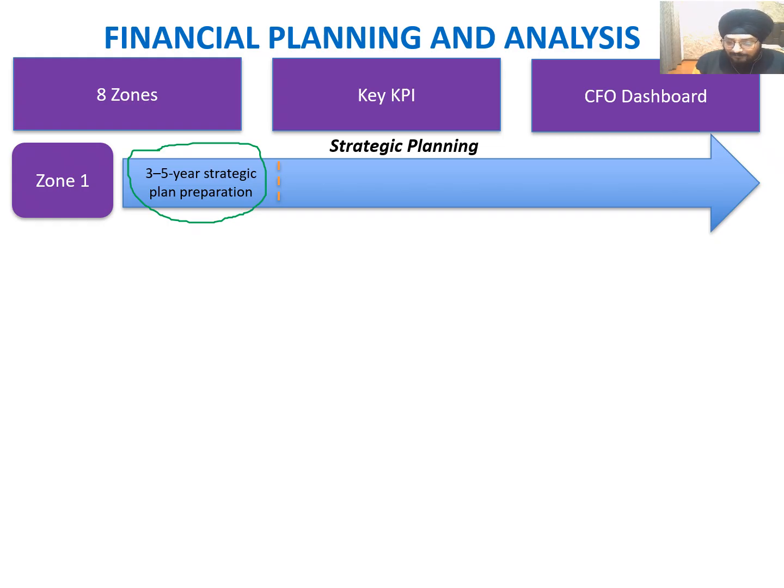So that strategic plan is created to give a vision for the organization: what would be the areas in which they have to diversify, what would be the areas where they have to grow, what are the products they want to diversify, in what segment, in what sector they want to go. So the entire vision of the organization is embedded in this strategic plan, and it is one of the crucial parts of financial planning and analysis.